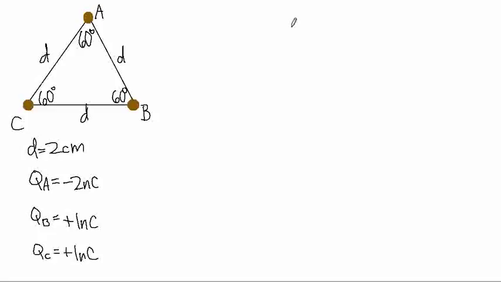The objects are denoted by the letters A, B, and C. The charge on object A, Q sub A, is equal to minus 2 nanocoulombs. The charge on object B, Q sub B, is equal to plus 1 nanocoulombs. And the charge on object C, Q sub C, is equal to plus 1 nanocoulombs.